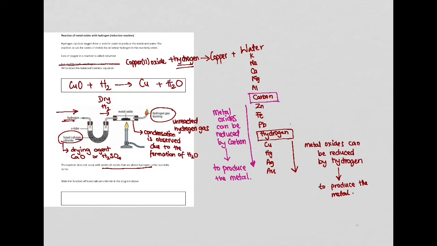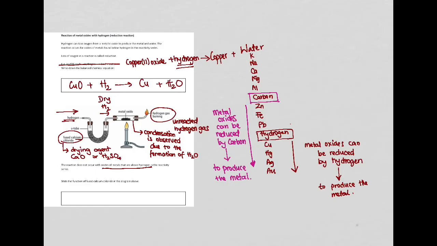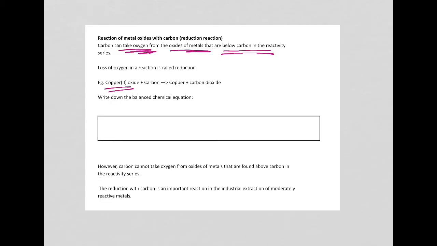So from this, we can come to the next reduction reaction, where carbon can take oxygen from the oxides of metal that are below carbon in the reactivity series. For example, copper oxide, so copper is below carbon in the reactivity series. Therefore, carbon can reduce copper oxide to copper metal.